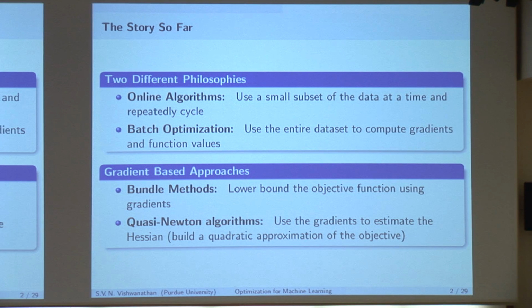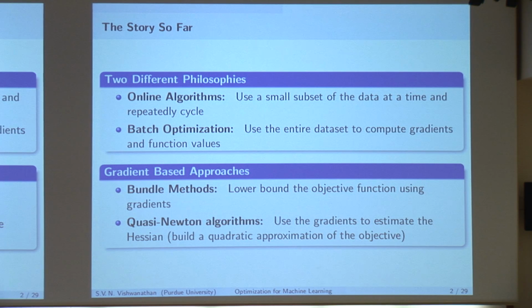For those of you who know a little bit about the Newton algorithm for optimization, Quasi-Newton algorithms are trying to do something similar, except that they only estimate the Hessian. We will see these differences in just about a minute. Before I go, how many of you have heard about the Newton algorithm? Good. And how many of you know what it exactly is?